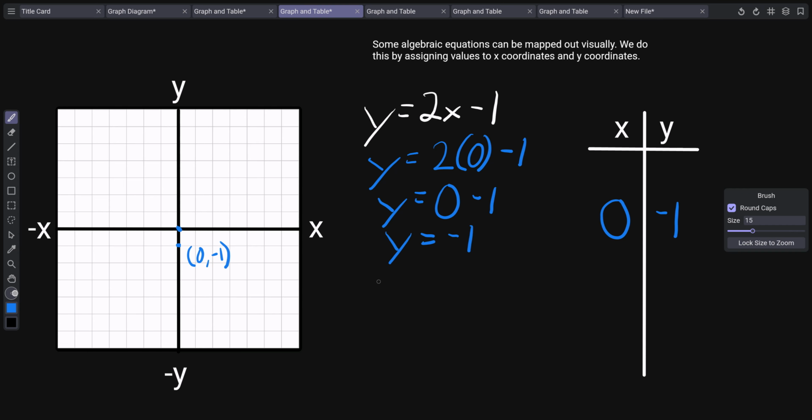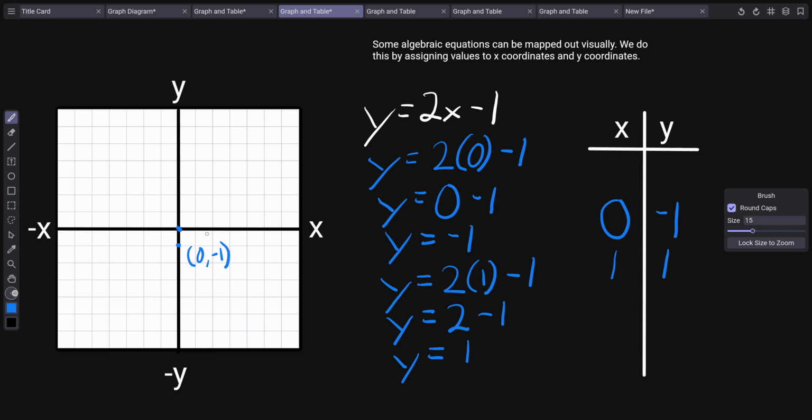Let's do another one. Let's do y equals 2, and then we'll substitute 1 in for x. And then we'll solve this equation. So y, we simplify this. This is going to give us 2, because 2 times 1 equals 2. Subtract by 1, and finally, we get 1. So putting this on the graph, we put 1 in for the x, because that is what we substituted, and then we put 1 in for the y as well, because that is also what we got as our output.